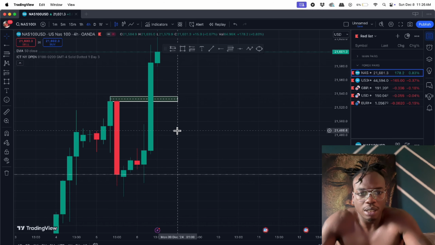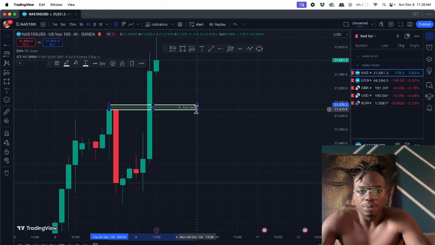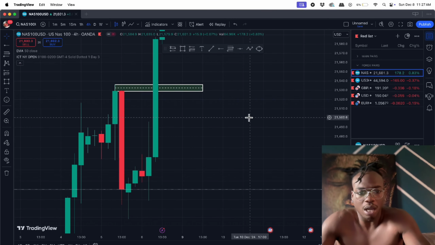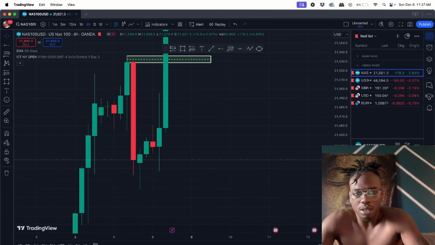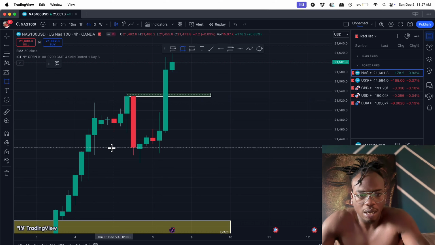This will be generally used as an area of interest, or an order block. In most cases, this will be called an order block. Also with setting one up right here.